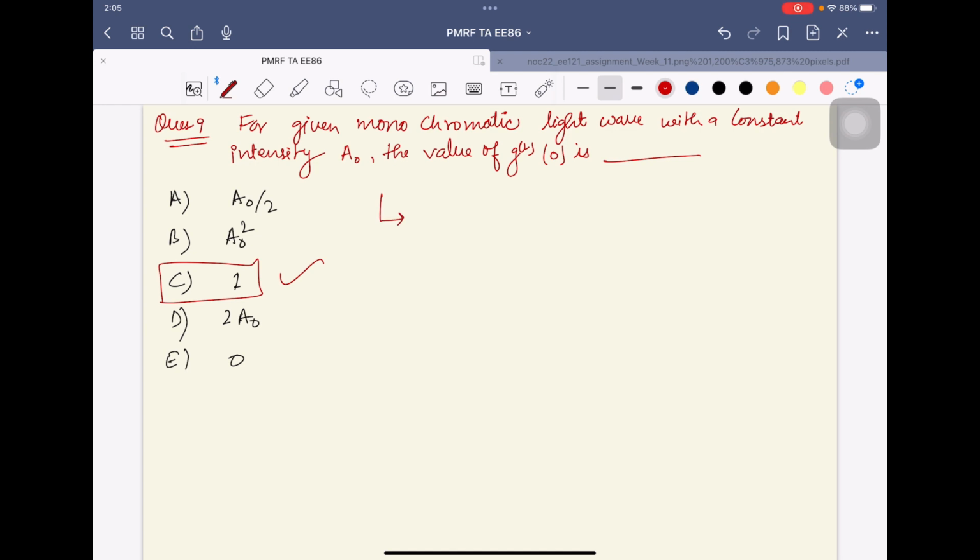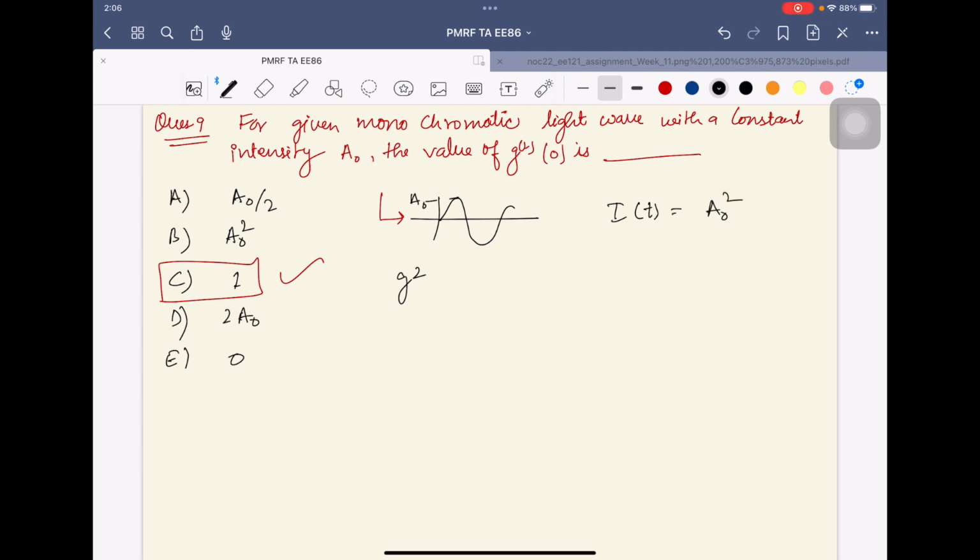Just consider the amplitude is like this, so this is A0. It is constant. So I at time t will be A0 square.